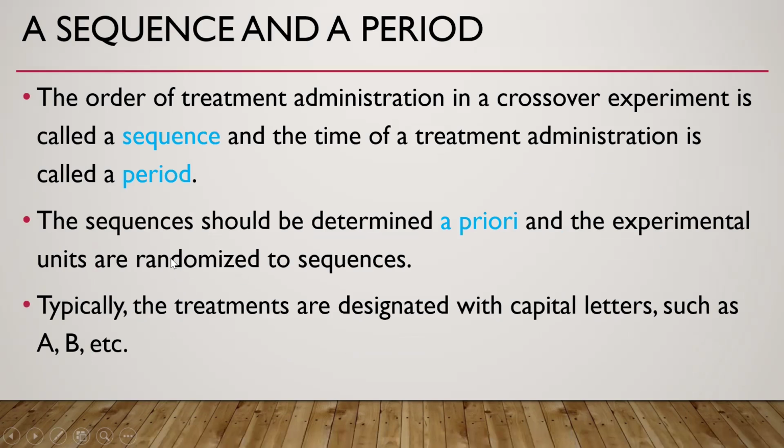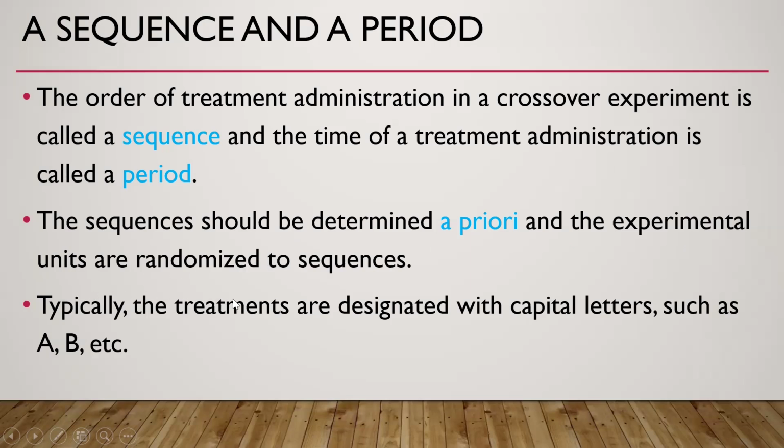So let us see various terminologies associated with crossover design: sequence and period. The order of treatment administration in a crossover experiment is called a sequence, and the time of a treatment administration is called a period. A sequence should be determined a priori, and the experimental units are randomized to sequences. This we have seen in my previous slide.